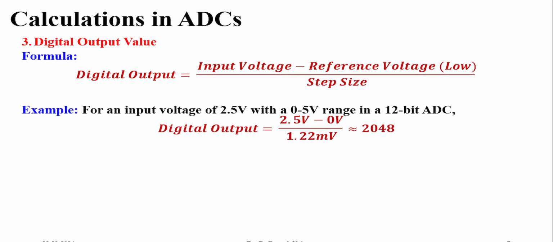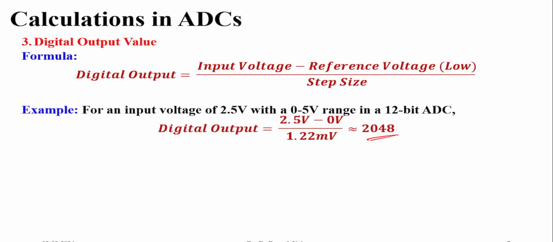For example, for an input voltage of 2.5 volt with a full voltage range of 0 to 5 volt, the digital output in a 12-bit ADC is given by 2.5 volt minus 0, which is the lowest voltage here, divided by 1.22 millivolt, that is the step size of the 12-bit ADC, and it will be approximately equal to 2048.